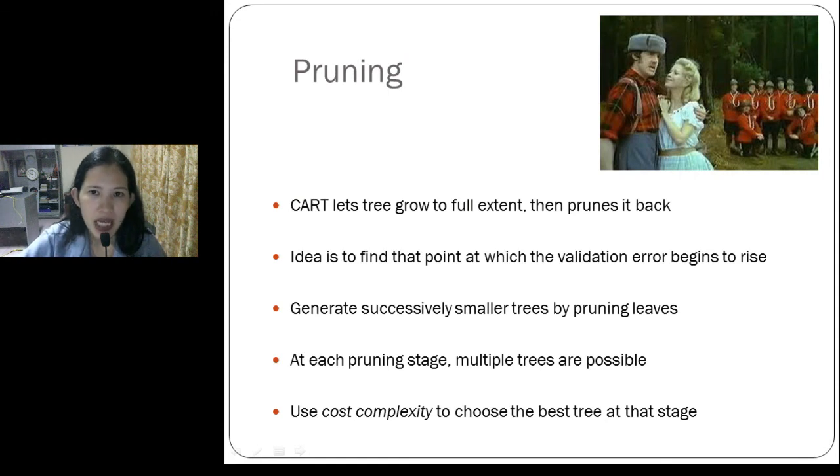Pruning. An alternative popular solution that has proven to be more successful than stopping tree growth is pruning the full-grown tree.